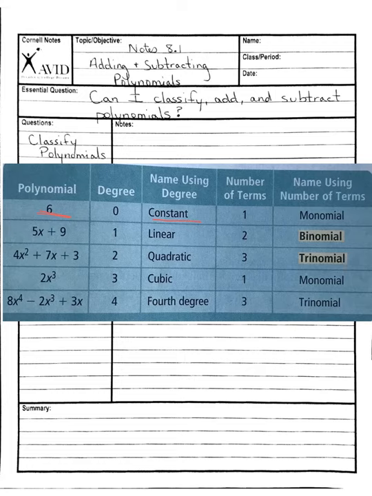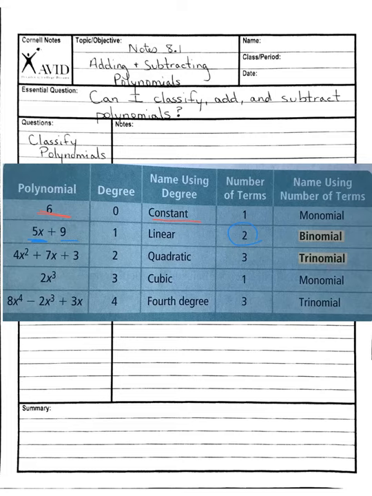The next example, we have 5x plus 9. This actually has 2 terms. Terms are separated by addition, so 5x is one term, 9 is another term, that makes up 2 terms. We call these binomials.